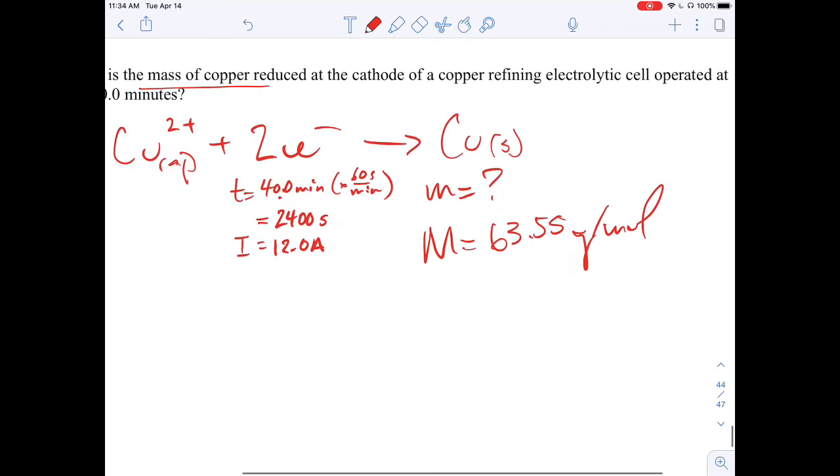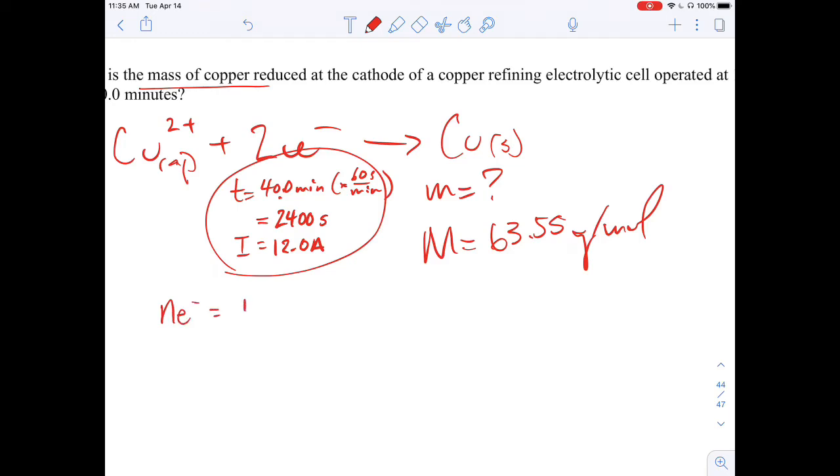And so what I have now is enough information to get the number of moles of electrons. So the number of moles of electrons is current times time over Faraday's constant. So it's going to be 2,400 seconds times 12.0 amps divided by 9.65 times 10 to the 4 coulombs per mole of electrons.